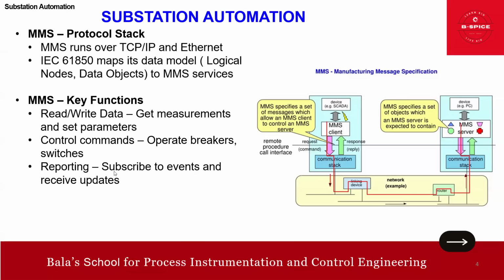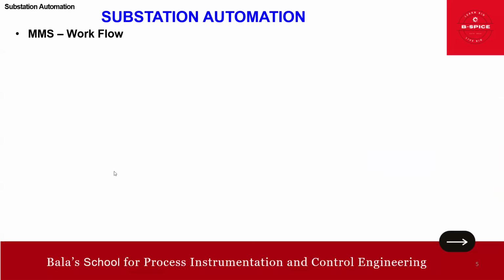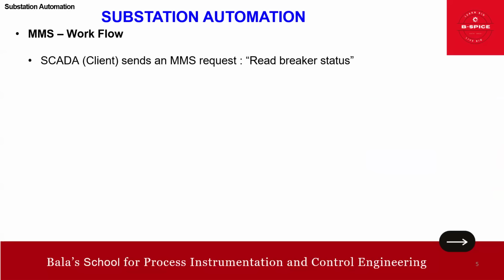Now we will see the workflow. This is like a summary to understand MMS. SCADA, the client, sends an MMS request to read the breaker status. Then the IED, the server, responds with the current status, whether open or closed.